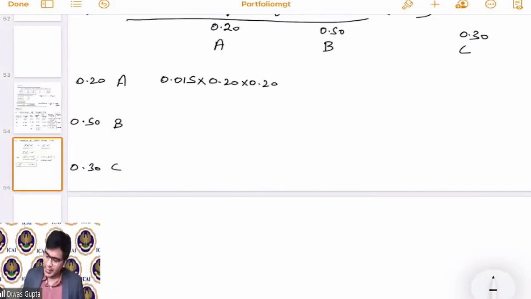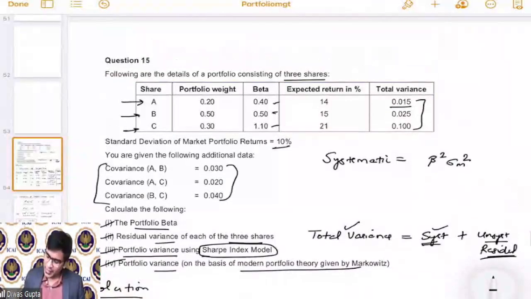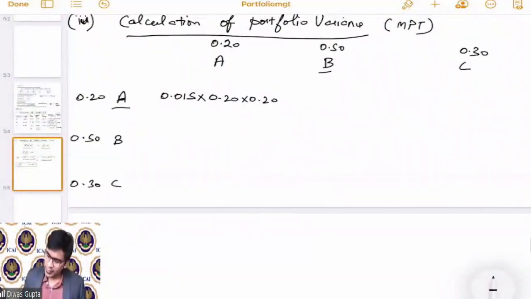Okay. Then what about the covariance of A and B? That is also given to us in the question. Covariance of A and B is given as 0.30. So 0.30 multiplied by 0.20, which is the weight of A, multiplied by the weight of B, which is 0.50. Very easy and very simple.